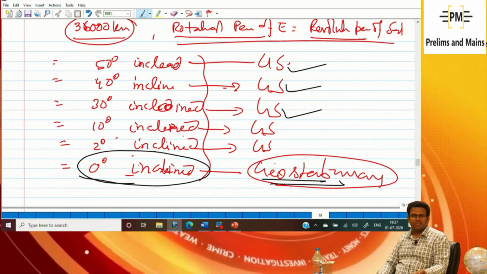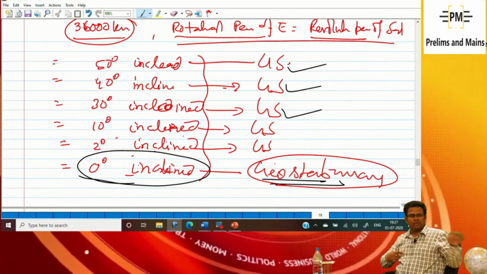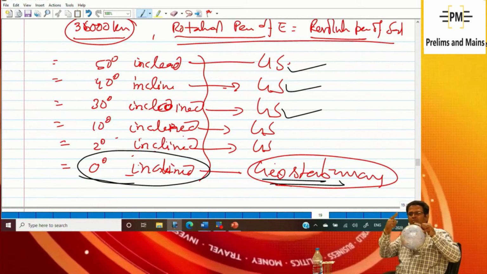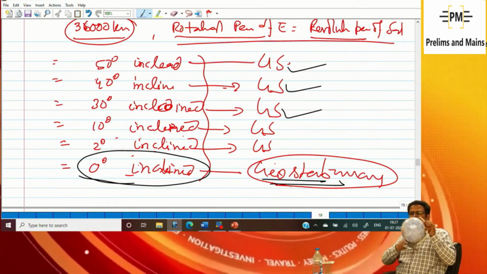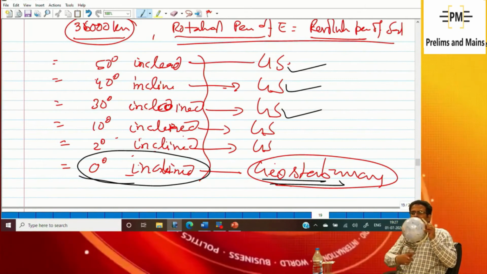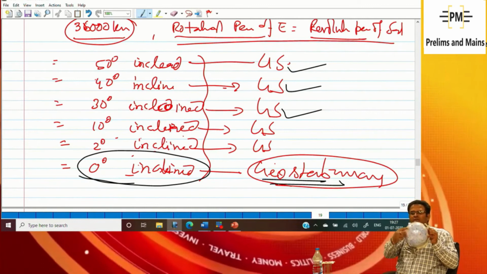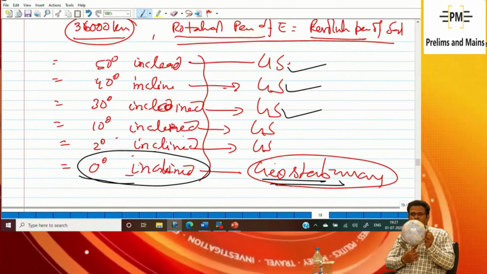So it can be at 60 degrees, it can be at 65 degrees angle with respect to the equator, it can be 50 degrees, 40 degrees, 35.5 degrees, 32 degrees, 15 degrees, 10 degrees, 1 degree, it can be 0 degrees also.